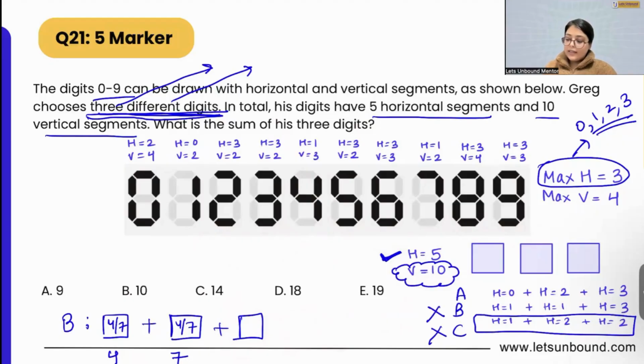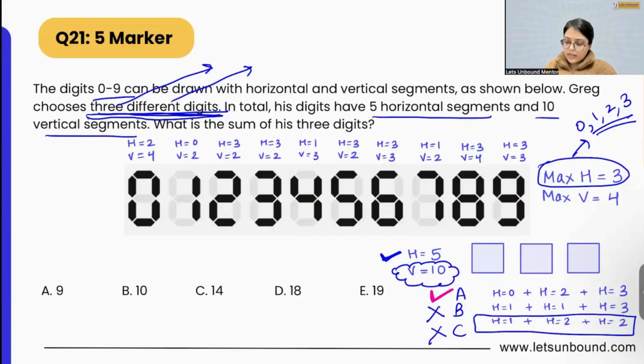So very clearly option A is right, but we need to check why. Let me create the digits for A. For the first digit, it says H0 for case A. H0 means I have only one digit, that is 1. I can place 1 here.